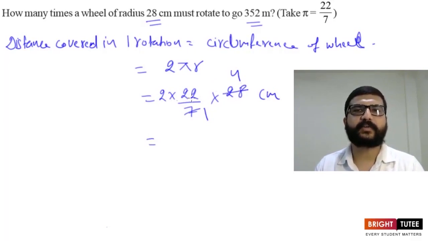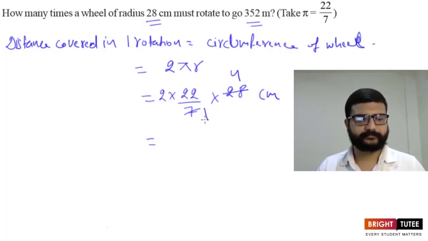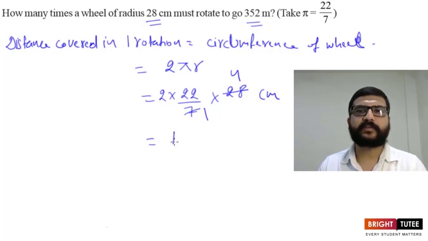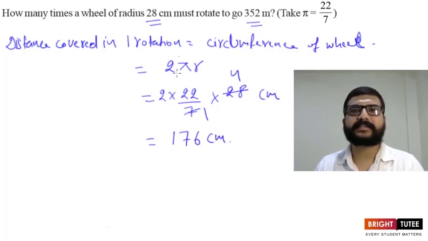Now we have to find this product. 2 into 22 is 44. Now 44 into 4 will be 176 centimeters. So we can see the distance covered in one rotation is 176 centimeters.